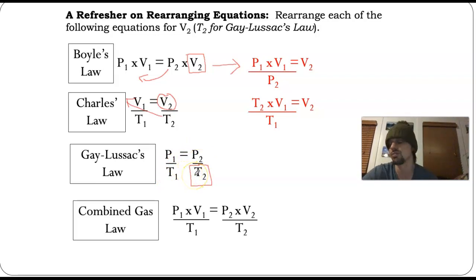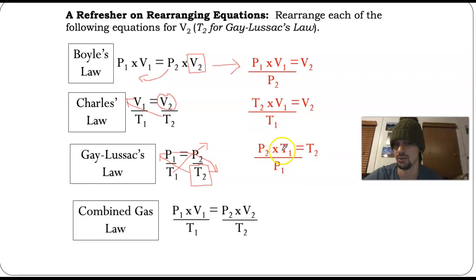I like to, and there's multiple ways to do this, I like to move T2 up top, because that's going to be a lot easier to solve for, and then cross multiply. T1 up here, and P1 over here. So I move T2 up top so that I can solve for a variable on top, and then I move everything else away from it. So there would be my new equation, P2 times T1 over P1 equals T2.